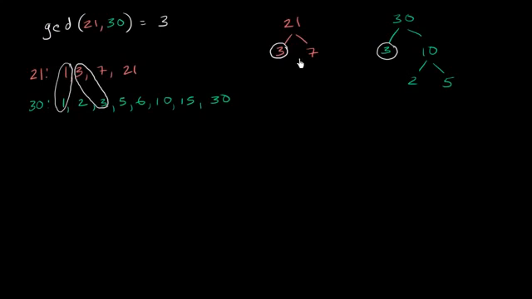Let me give you another interesting example just so that we can get a sense of things. Let's say these two numbers were not 21 and 30, but let's say we care about the greatest common divisor of 105 and 30. If we did the prime factorization method, it might become a little clearer now. Actually figuring out what are all the factors of 105 might be a little bit of a pain. But if you do a prime factorization, 105 is divisible by 5, definitely.